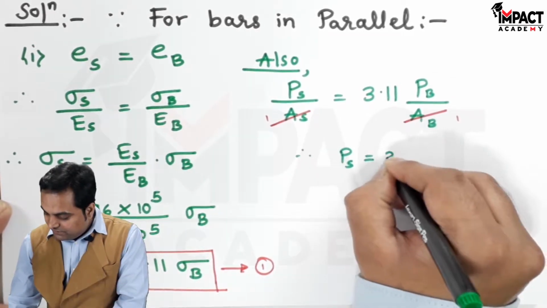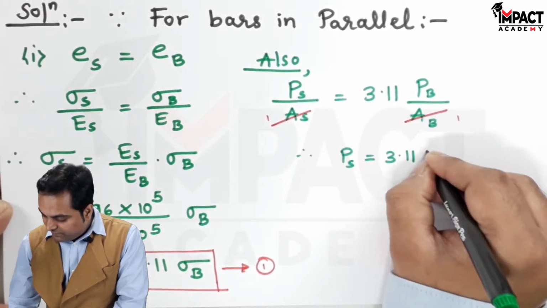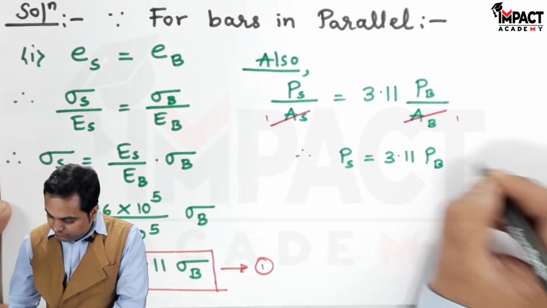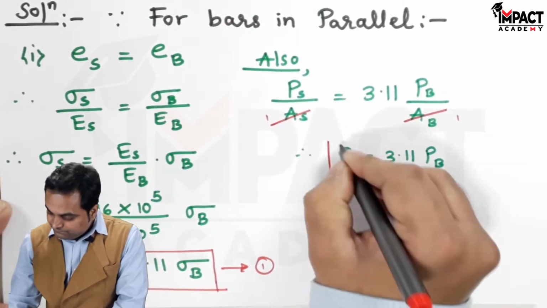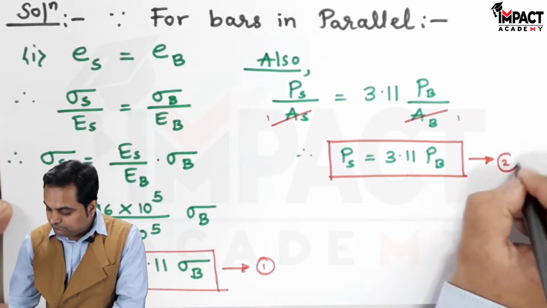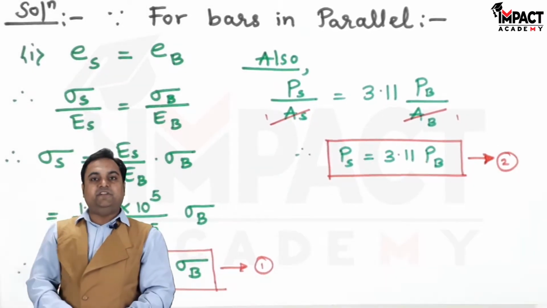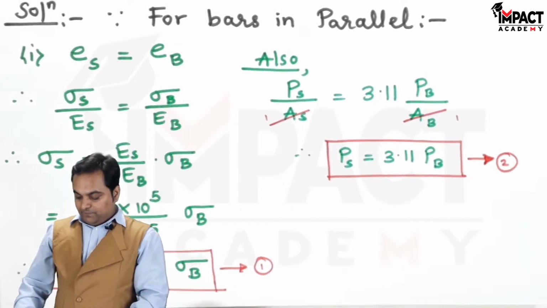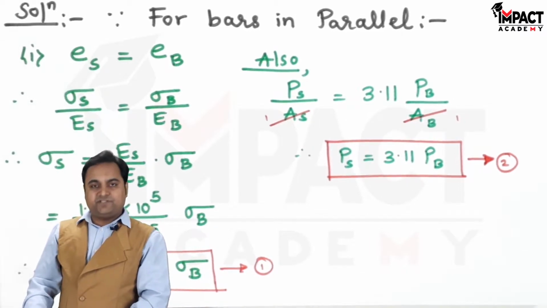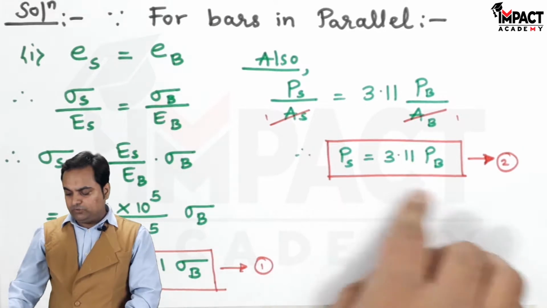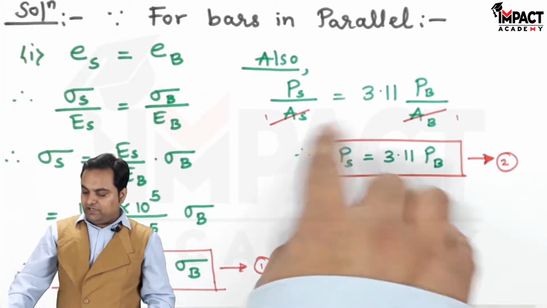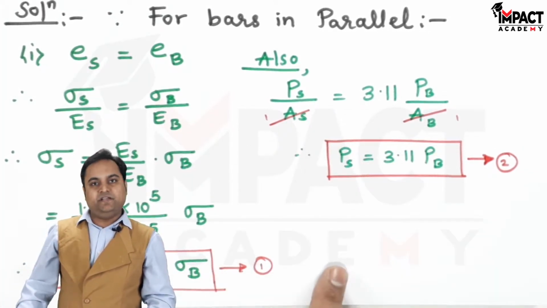So load in steel is 3.11 times higher than the load in bronze. So this is the second equation. It means whenever we have stress relation, in a similar manner we can get the load relation as well. And since here the area was same, I cancelled this area.